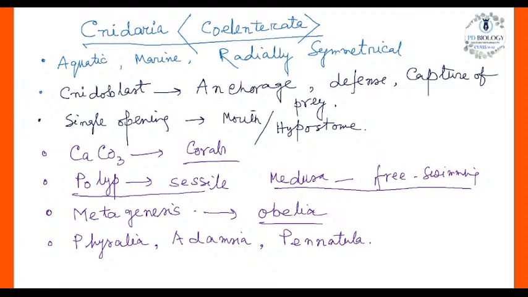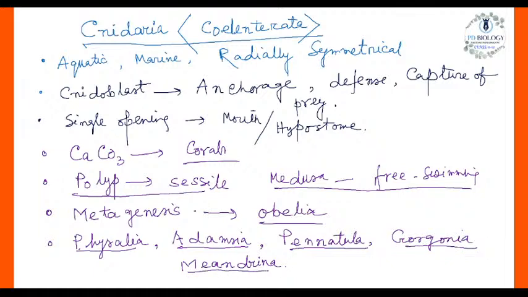Sea fan, that is Gorgonia, and the brain coral, that is Meandrina. So very important, the common name and the scientific name of this group: Physalia, Adamsia, Pennatula, Gorgonia, and Meandrina.